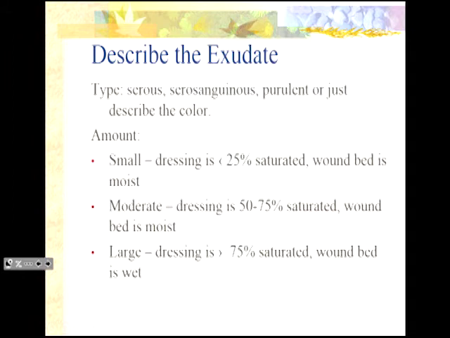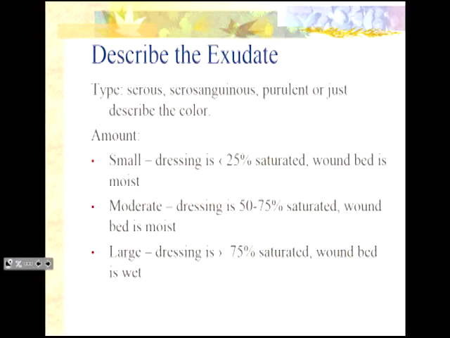The person coming behind you, reviewing that documentation, has to be able to tell if something's different. That's what they're looking for. So if it's pink drainage today and it's green tomorrow, that's a problem, right? So that's what you're trying to identify. Our standards are serous, serosanguinous, purulent, but whatever works for you, whatever communicates what you need to communicate.